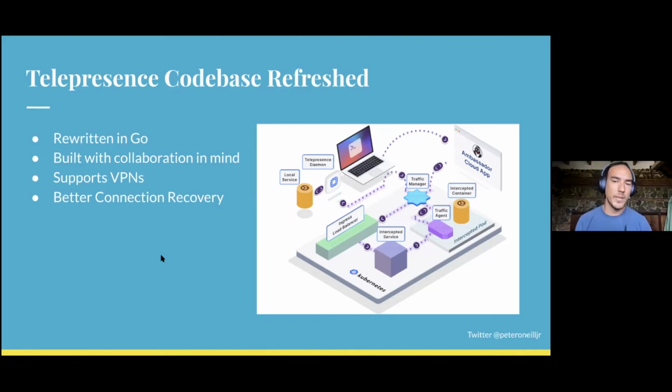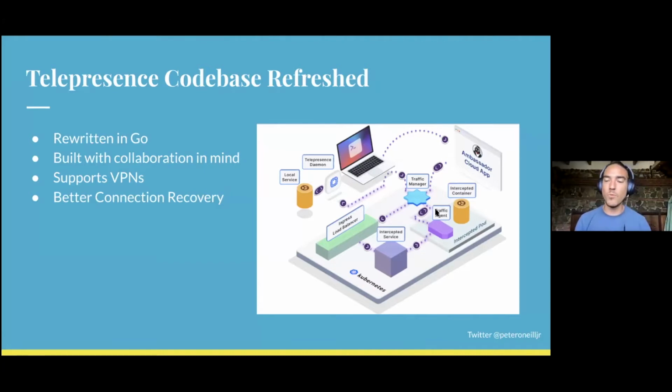On the right here, we have the architecture of how Telepresence 2.0 works. To break this down, we have the laptop on the top there, which is running the Telepresence daemon locally. And as you're working with services, as shown to the left of that, that gets piped over into the cluster represented by the square box here into a traffic manager, which is a deployment in the Ambassador namespace that we use to do a lot of the traffic manipulation.